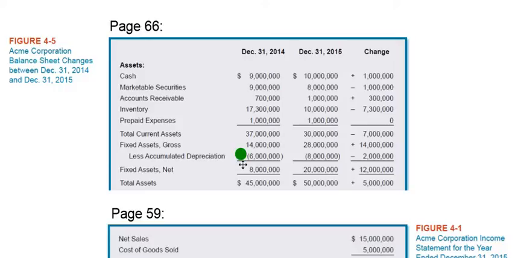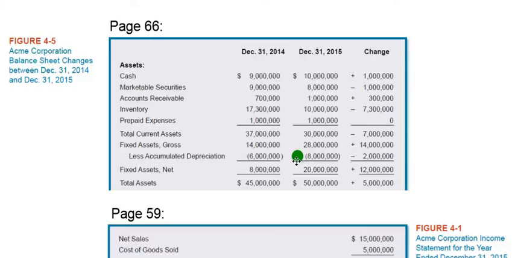So if we go from a negative 6 million, in December 31st, 2014, to a negative 8 million, now remember, in accounting, we show negatives by putting dollar amounts in parentheses. So that's why I'm saying a negative. So we've actually gone from a negative 6 million to negative 8 million at the end of 2015.